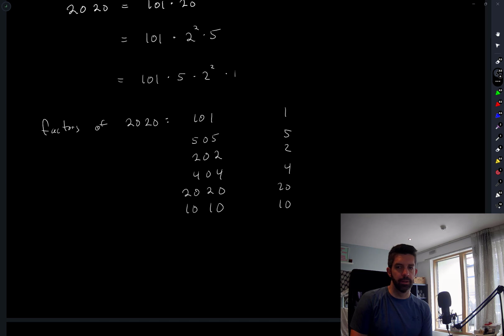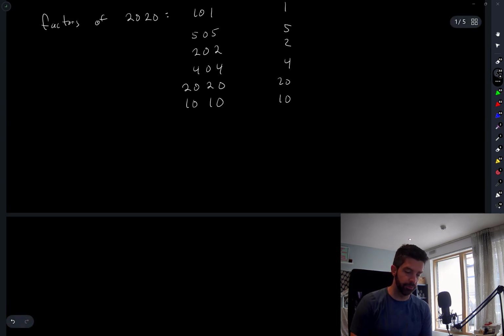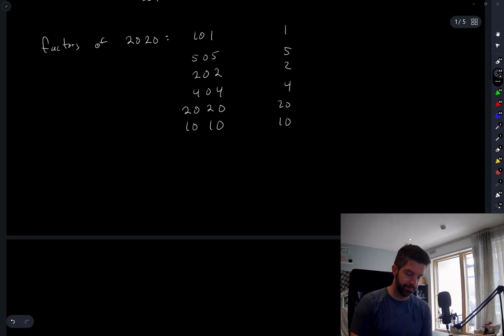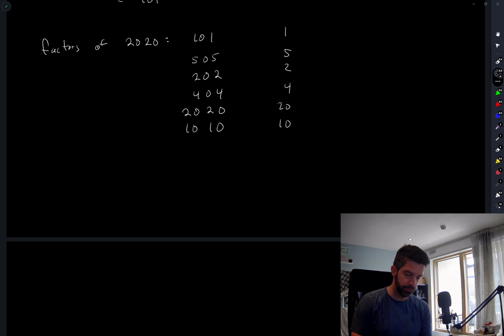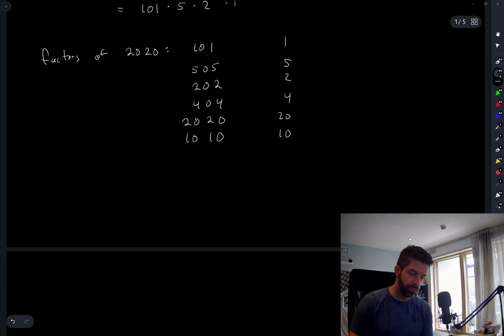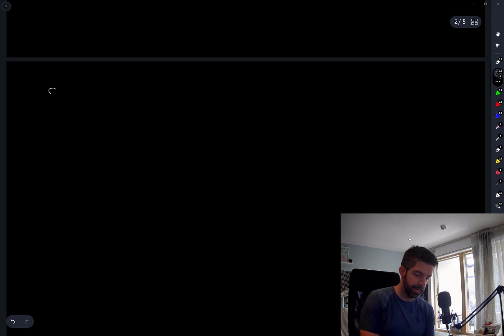And I want the sum of all the digits of the numbers in S. So the sum of the digits, these are the factors of 2020. The actual numbers in S, I can write out the entire set S then.